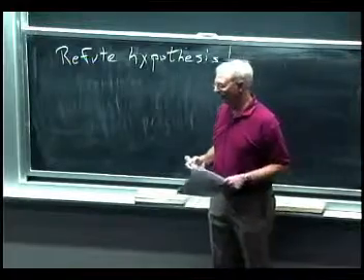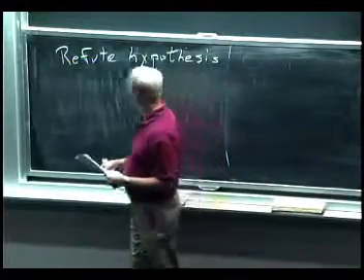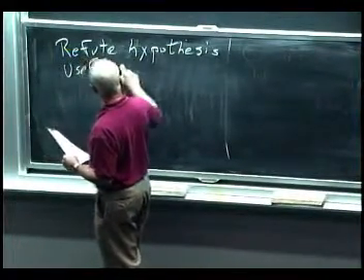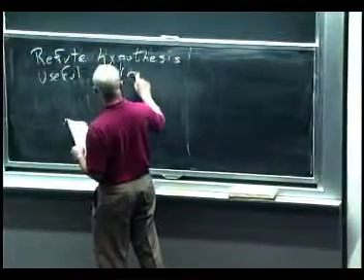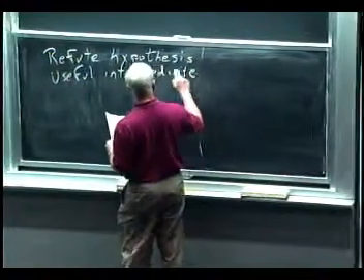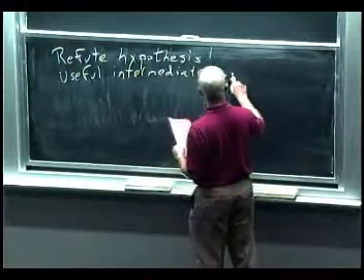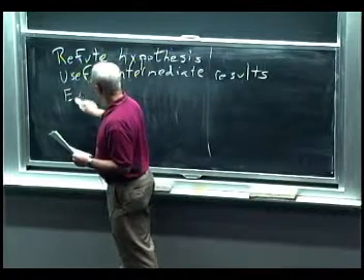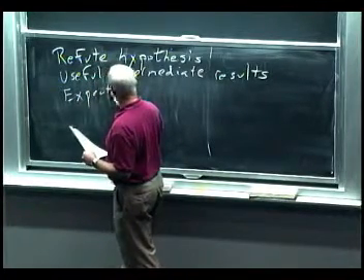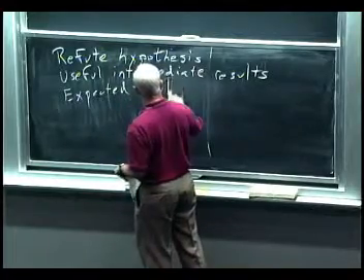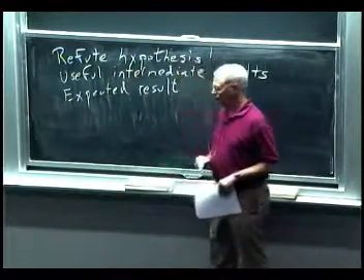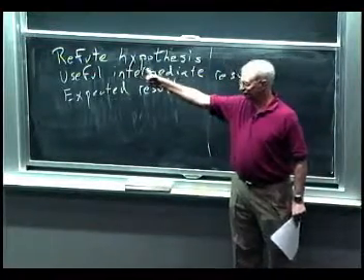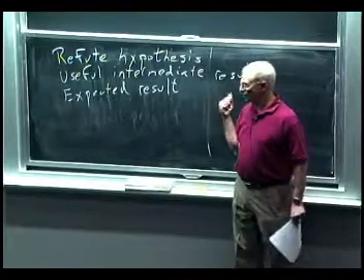Otherwise, why bother running it? So it has to have that. Typically, it's nice if it can have useful intermediate results, not just one answer at the end, so we can check the progress of the code. And we must know what the result is supposed to be. Typically, when you run an experiment, you say, I think the answer will be X. If it's not X, you've refuted the hypothesis.